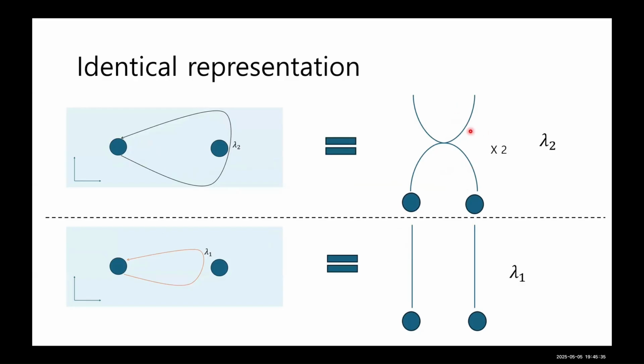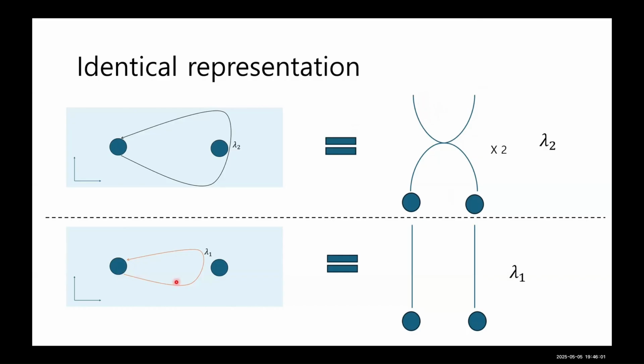When we exchange their locations twice, they're going to have the same representation as when we move a particle along the lambda 2 path. That's why in three dimensions there are two possible particles: the fermion, which is -1, and the boson, which is +1. If we braid them twice, they're going to have no phase.